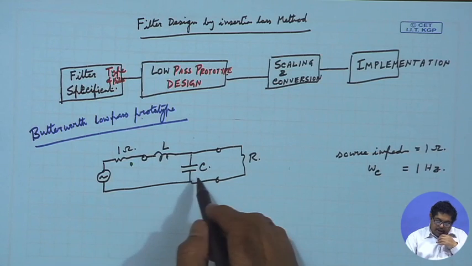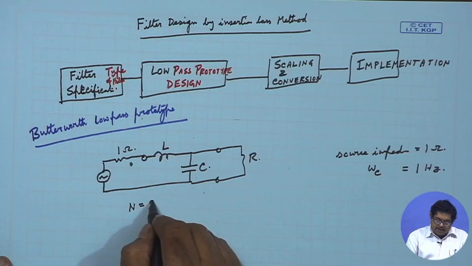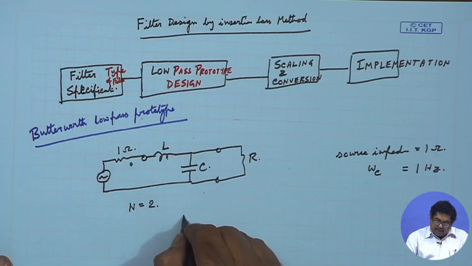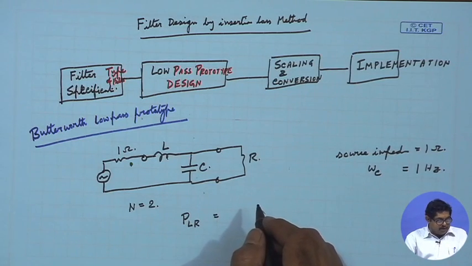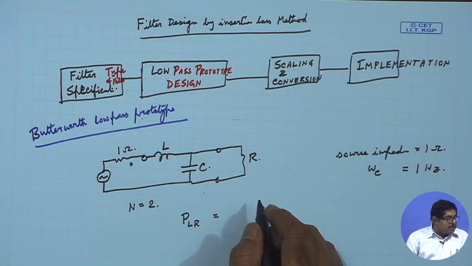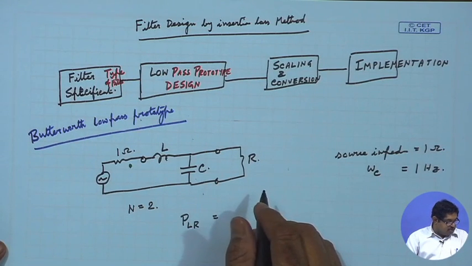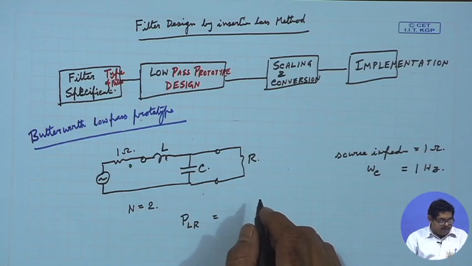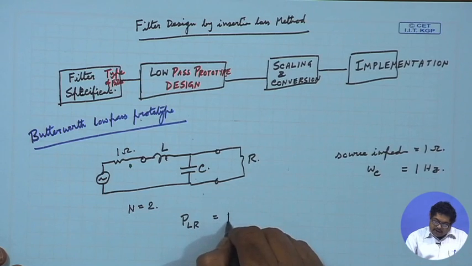The number of elements, n, is equal to 2. That will determine the PLR. What was the PLR expression for the maximally flat? It was 1 plus k squared times omega by omega c to the power 2n.